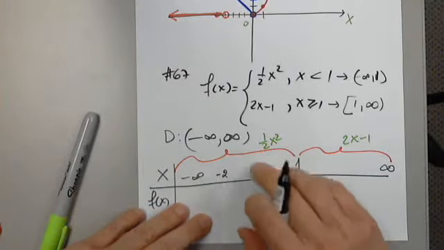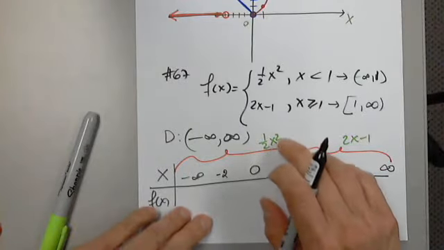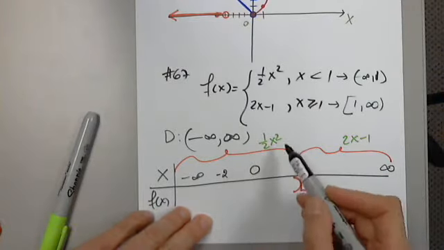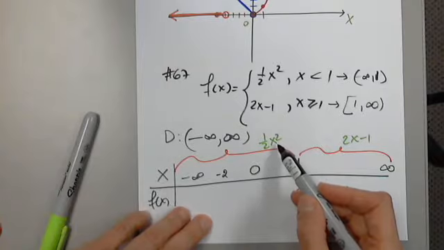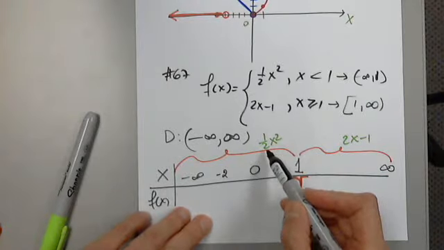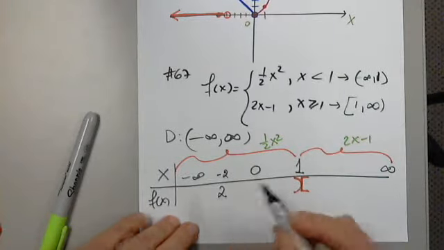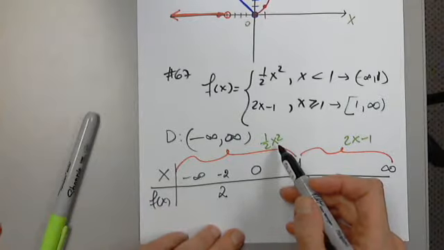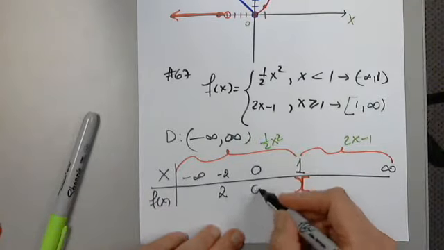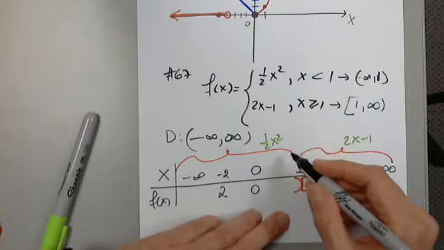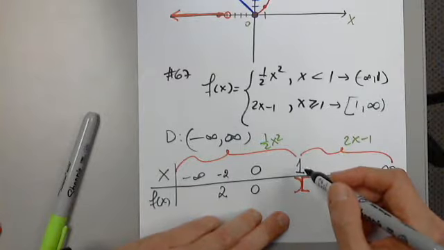So let's plug in negative 2 in the function. So negative 2 squared is 4 divided by 2. Very good. Please plug in 0. Very good. Please plug in 1, and you should say no, no, no, no. I won't do that.